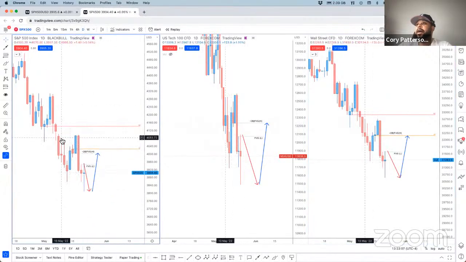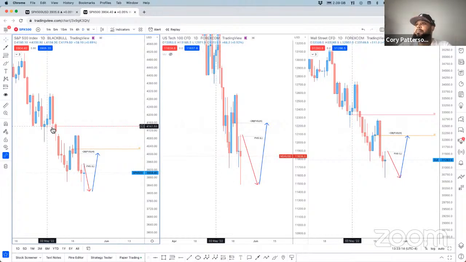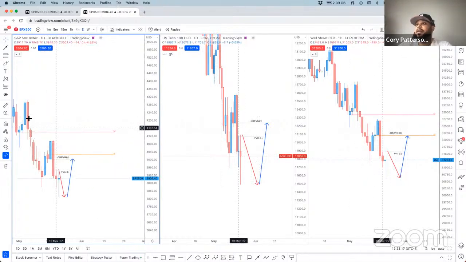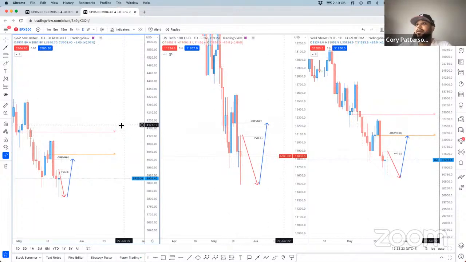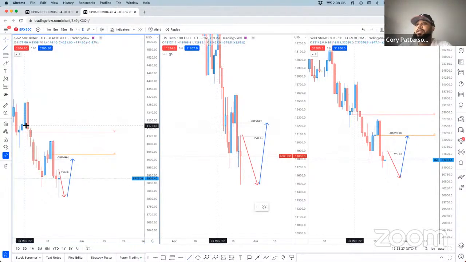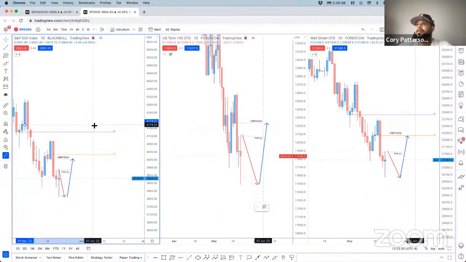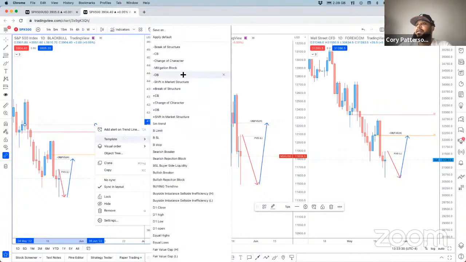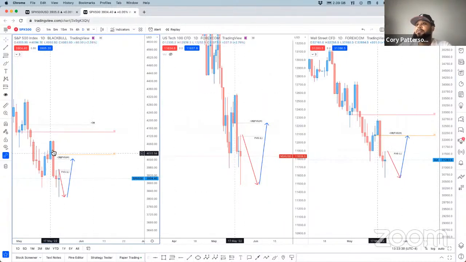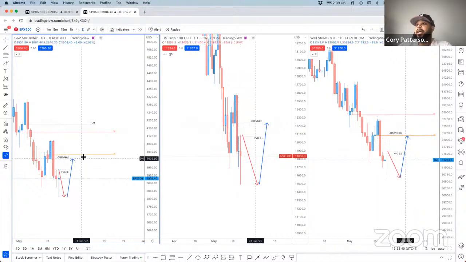So if we do push up above this last order block, then the monthly would be the area, along with this order block, that would challenge us from going higher. The main things we need to look out for going into next week: our first area that we mentioned already, which is this order block, this imbalance, and we've got last week's opening price right here.